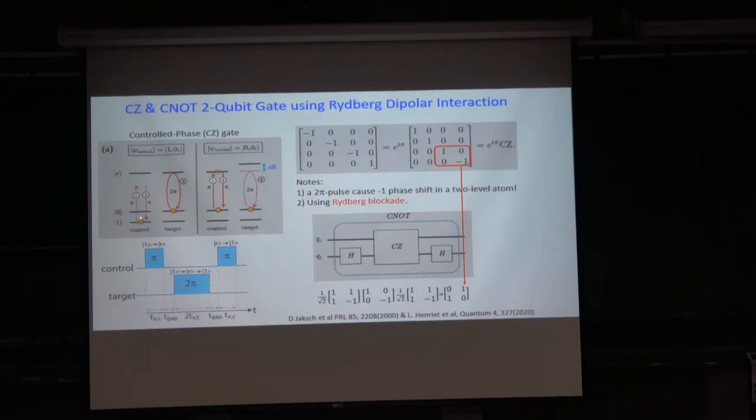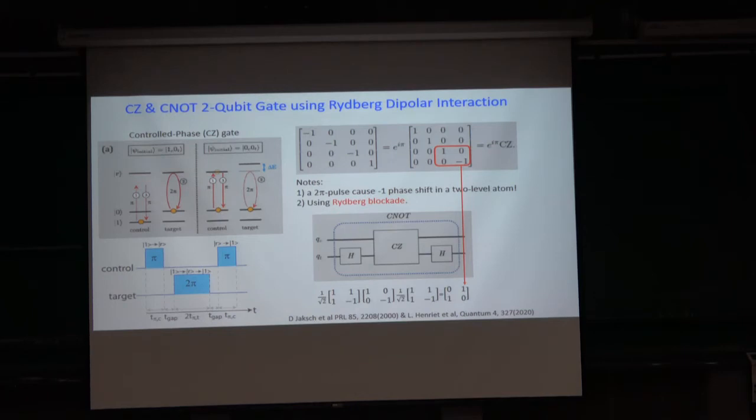And the controlled phase gate scheme is like this. You apply a pi pulse to couple state 1 to a Rydberg state. Then you apply a 2 pi pulse on the target atom in between, and then a final pi pulse.